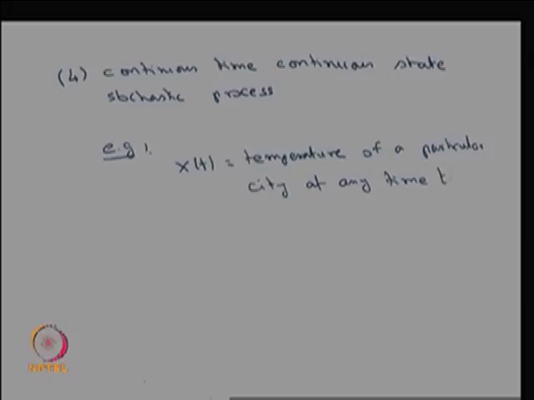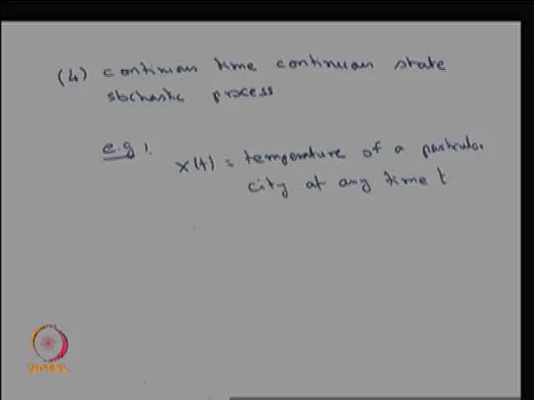The examples are: the first one, X_t is going to be the temperature of a particular city at any time t. So, whenever I use any time t, it can take any value.